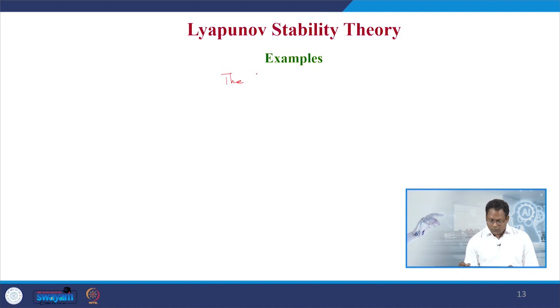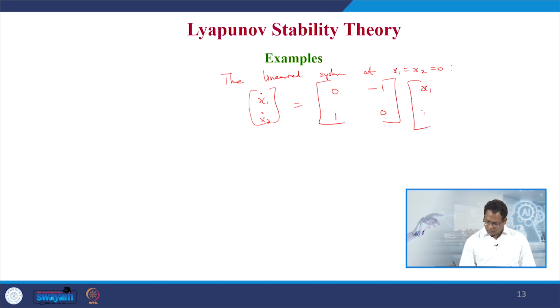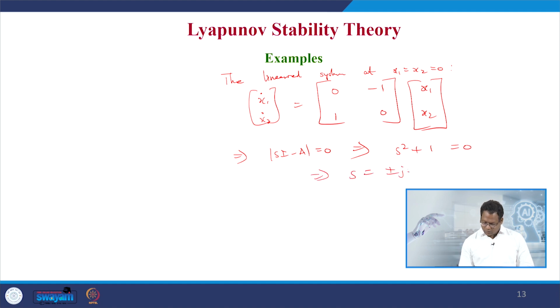On linearizing this system at this equilibrium point x1 equal to x2 equal to 0 will give the linearized system x1 dot x2 dot equal to [0 minus 1; 1 0] into x1 x2, which implies the characteristic equation determinant sI minus A equal to 0, that is s square plus 1 equal to 0, which implies s equal to plus or minus j omega, which means that the characteristic roots are purely imaginary.